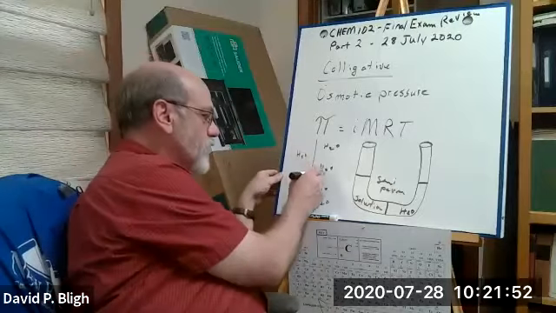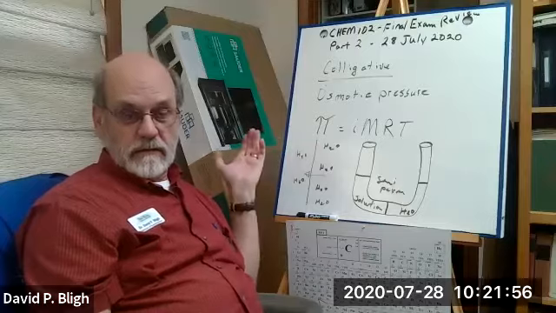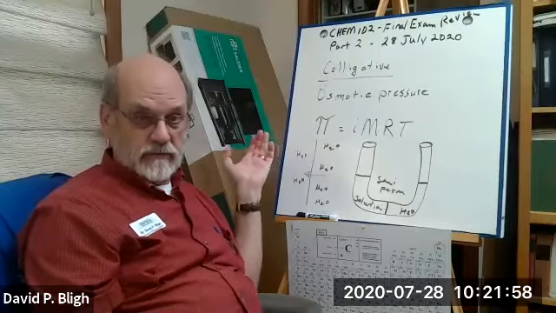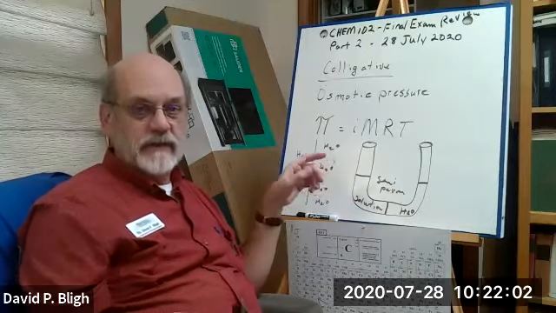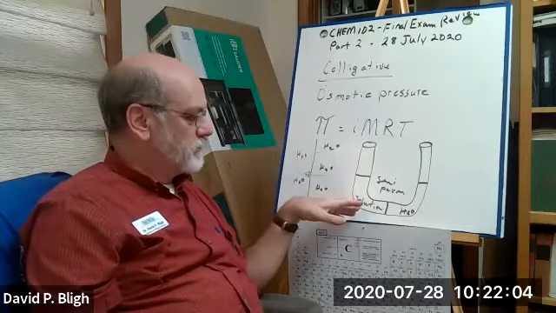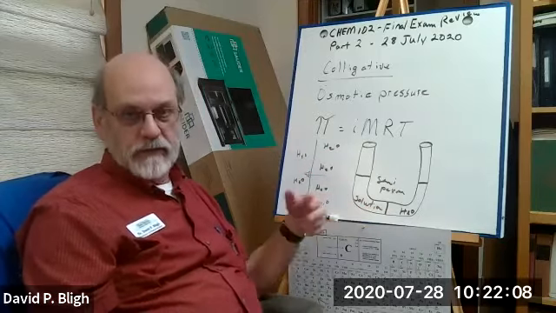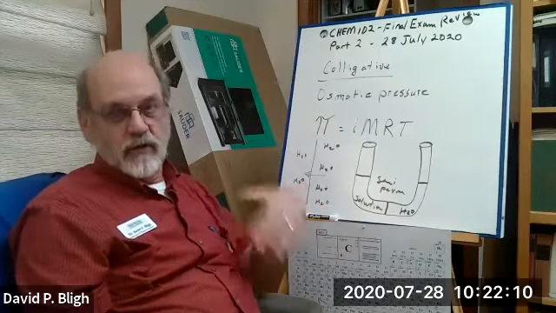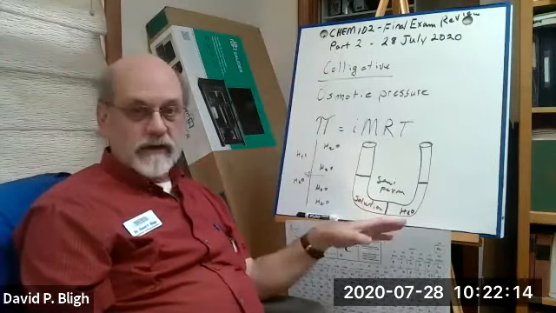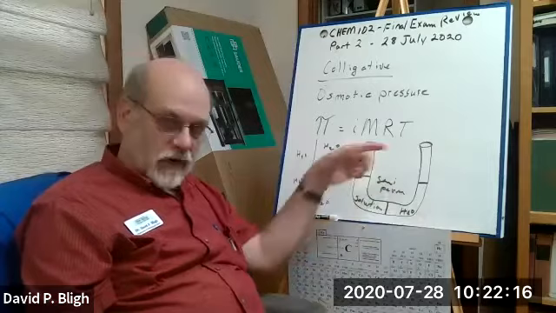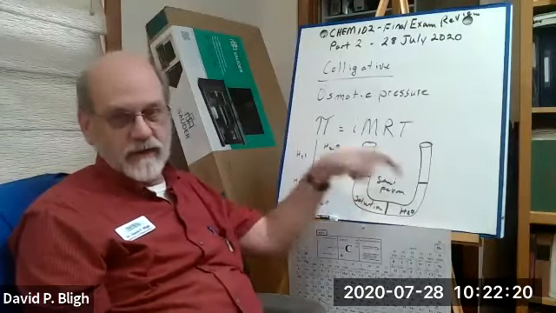So water's going to go that way toward the hypertonic solution. Hypertonic, tonicity means amount of solute. So hyper is greater, hypertonic. Water is hypotonic relative to the solution, and the solution is hypertonic relative to water.